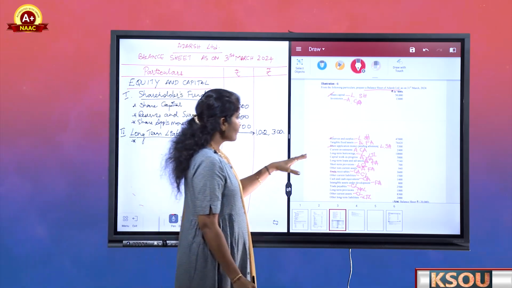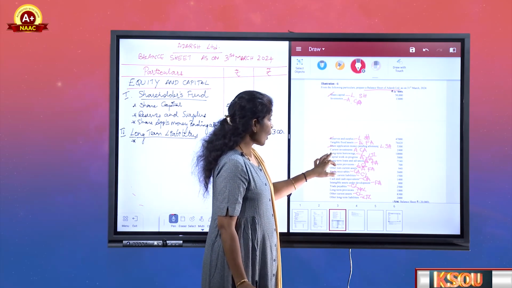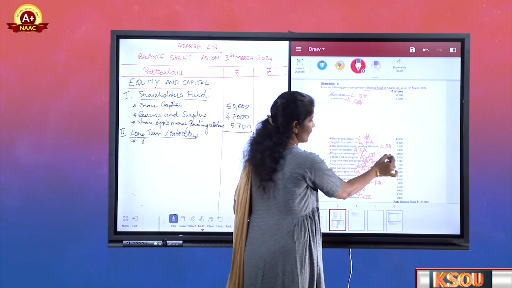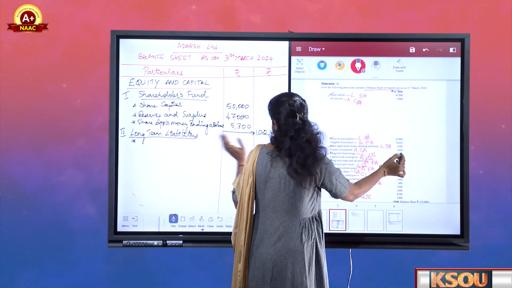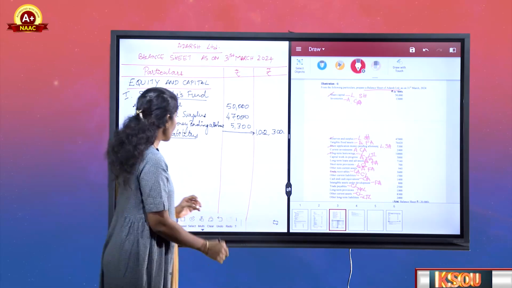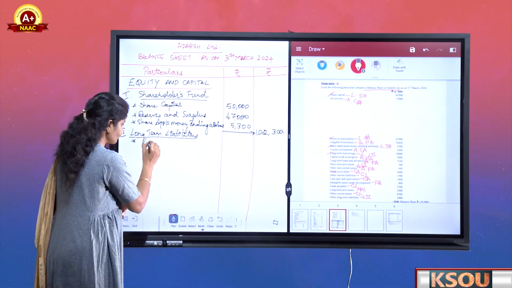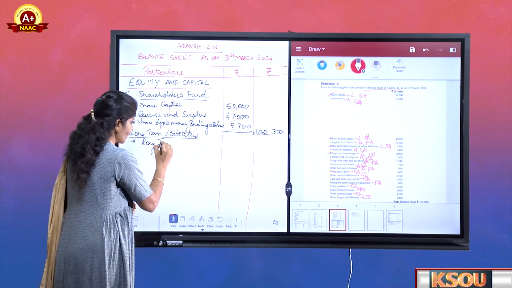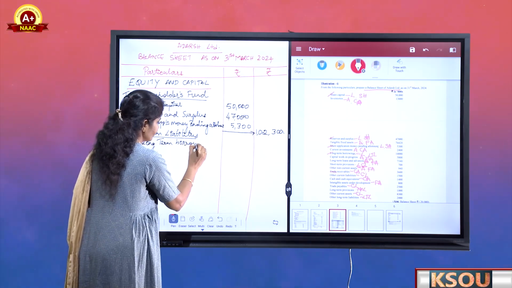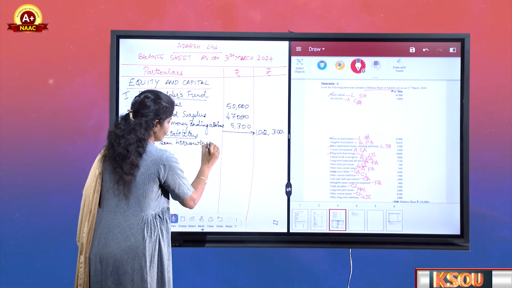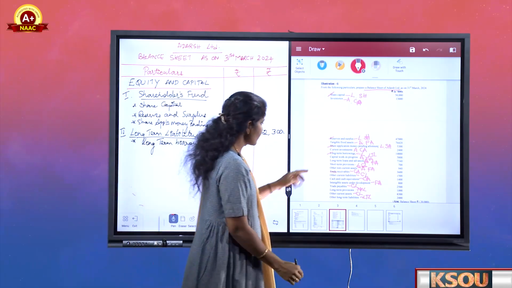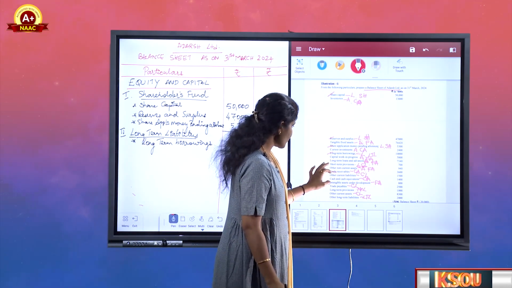Let us see one by one. Current investment, asset. Long-term borrowings, yes, this long-term borrowings is an item of long-term liabilities. The amount is 10,000. Next, capital work in progress, asset.